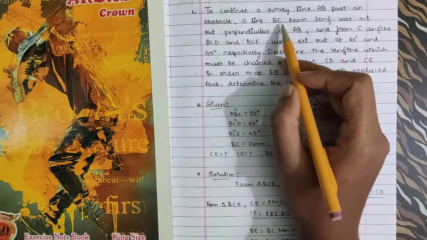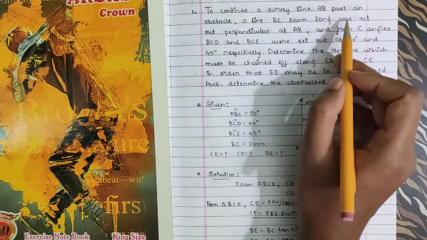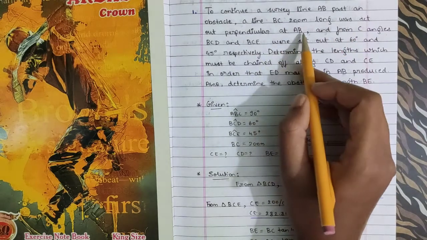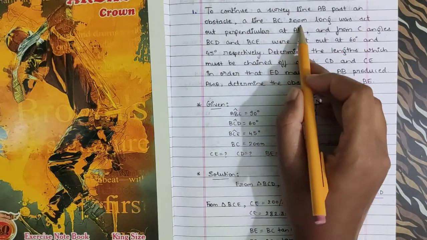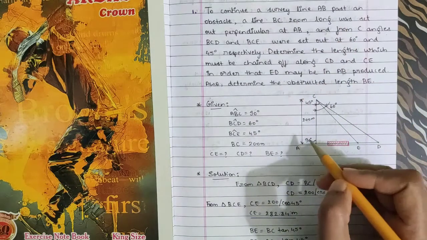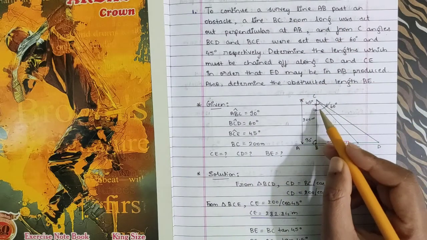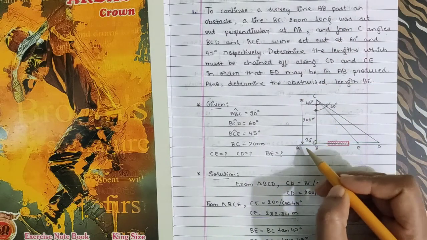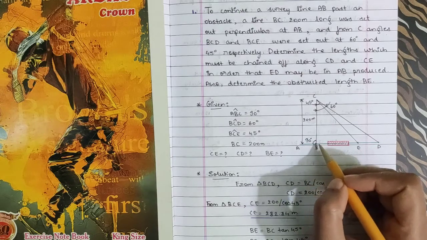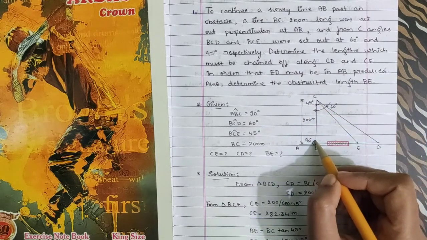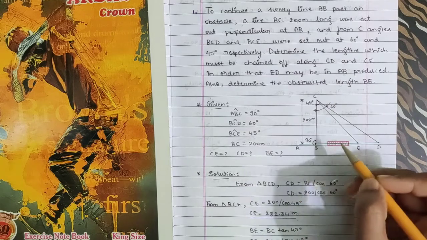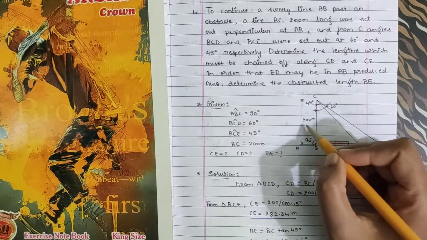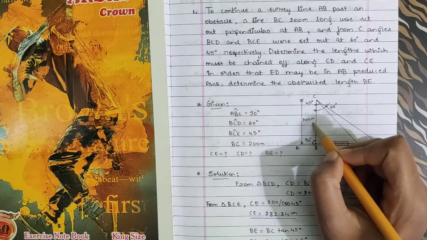Then a line BC 200 meter long was set out perpendicular to AB. So this BC is perpendicular to AB, and the length of this line is 200 meter.